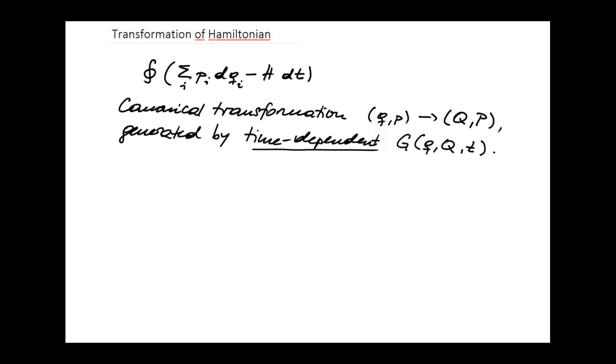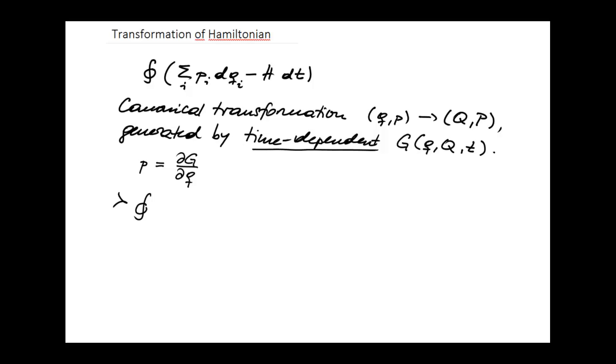It's still true that the old momentum, little p, is obtained from the generating function by taking the partial derivative with respect to little q. Then let's look at the Poincare-Cartan invariant. And for simplicity, let's stick to one dimension so I don't have to write the indices.